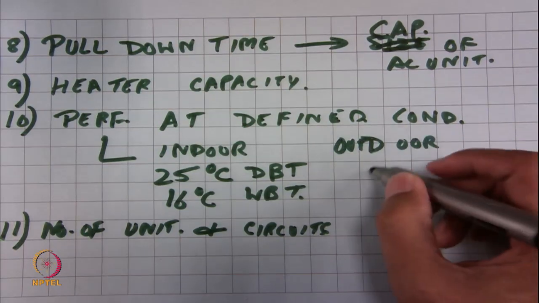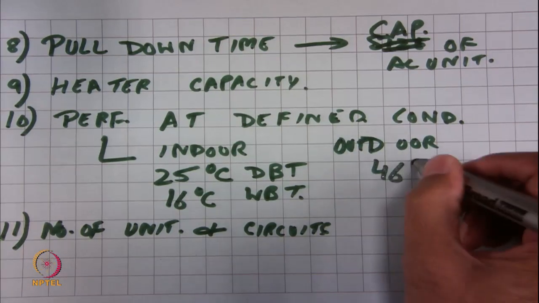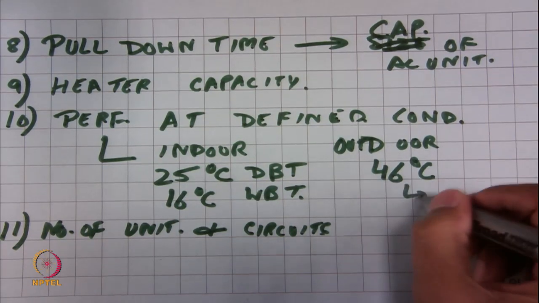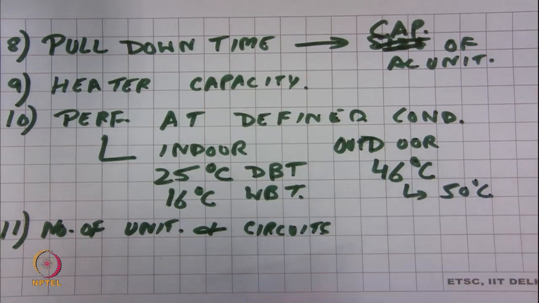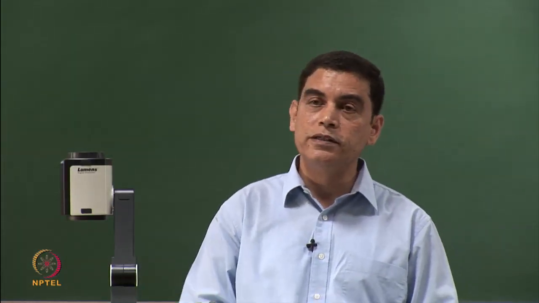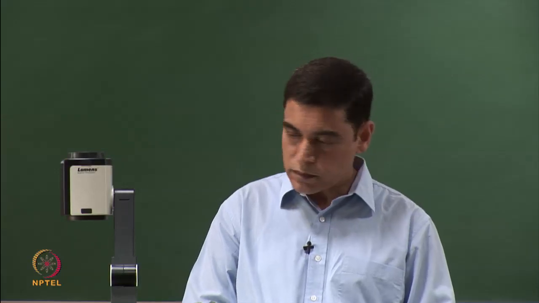The outdoor conditions were progressively redefined. It was 46 degrees centigrade in the beginning, and then it was raised to 50. Now this is another example of deriving a condition based on real applications and a mismatch between the test condition and a real condition.